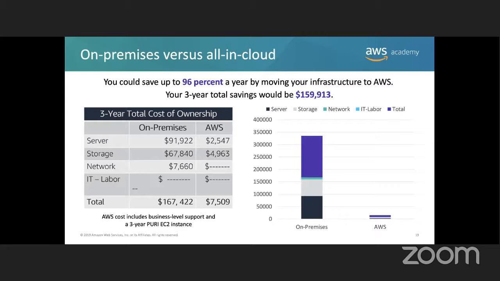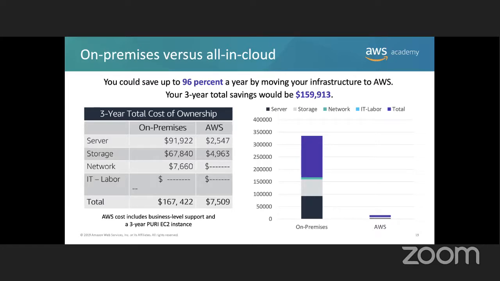So your 3-year total savings would be $159,913. Is that a good reason to move to the cloud? Is that a good reason? Of course. Just divide 159,913 by 3, and you're going to see how much you save every year, right?